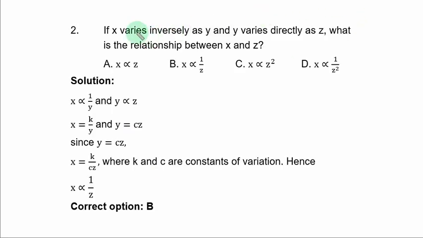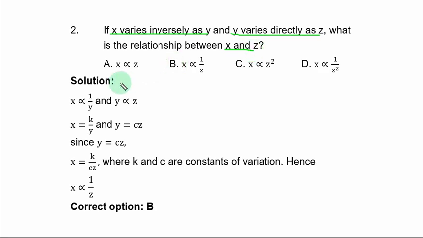Question 2. If S varies inversely as Y and Y varies directly as Z, what is the relationship between S and Z?